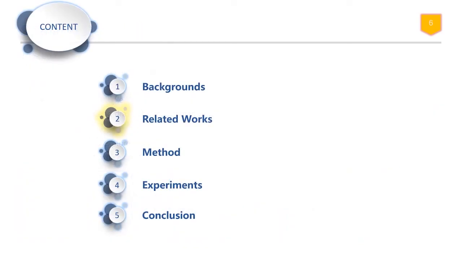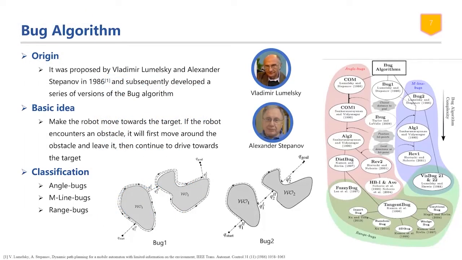The second part is related works. First is bug algorithms. It was proposed in 1986 and developed into a series of versions. The basic idea of the bug algorithms is to make the robot move towards the target.